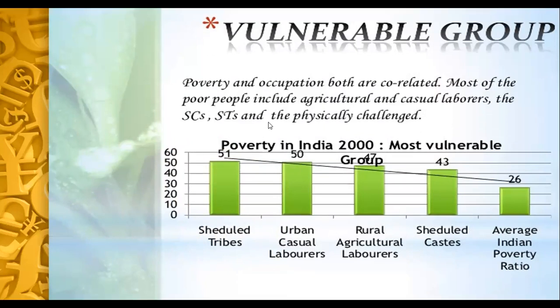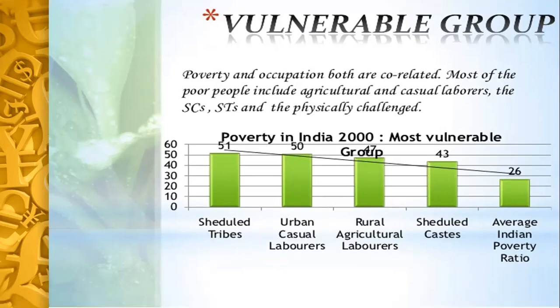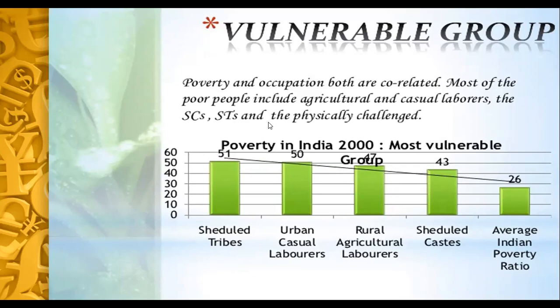Although the average for people below poverty line for all groups in India is 30, still 48 out of 100 people belonging to scheduled tribes in rural areas are not able to meet even their basic needs. Similarly, 47% to 50% of the urban casual workers are below poverty line.